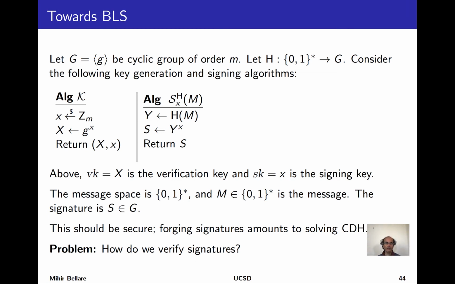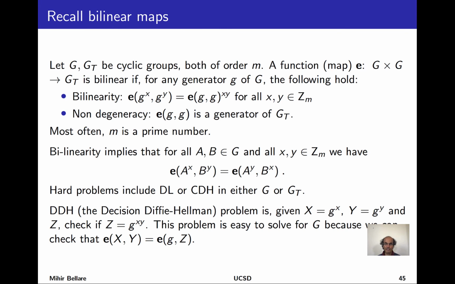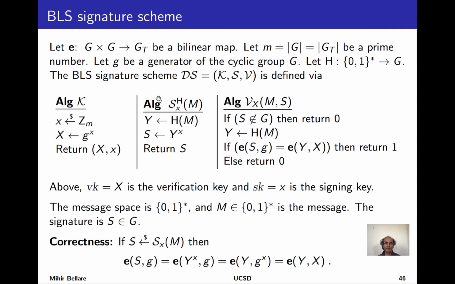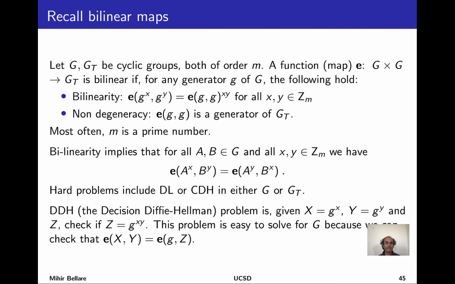Well, we're going to use some of the algebra that was developed somewhat more recently for this, which is bilinear maps. So recall what a bilinear map is. We have now two groups, our original one G and something called a target group, both of which have the same order m. And we have a function which takes two inputs, both in the first group, and returns output in the second group.